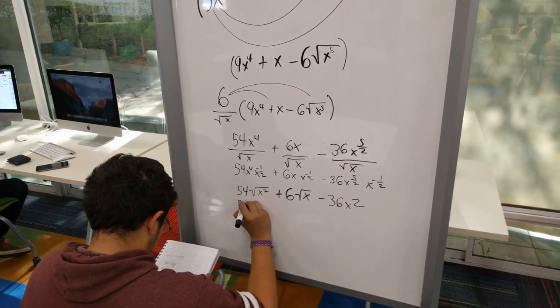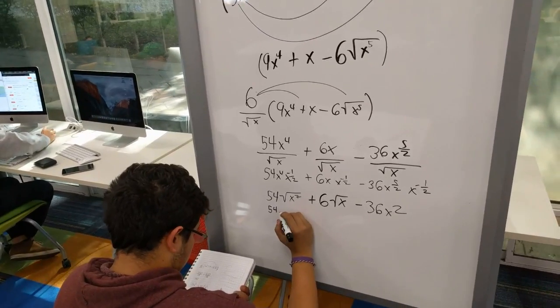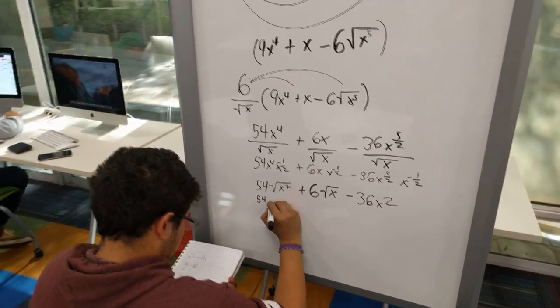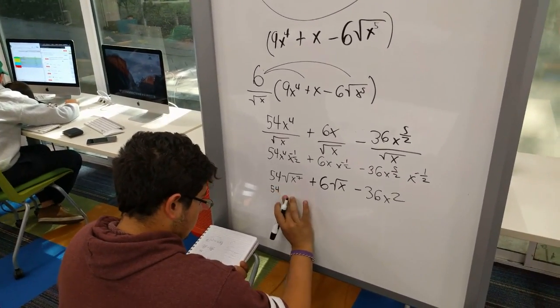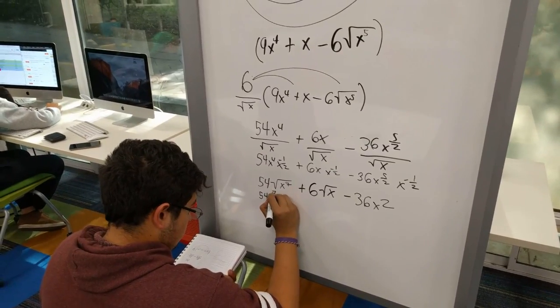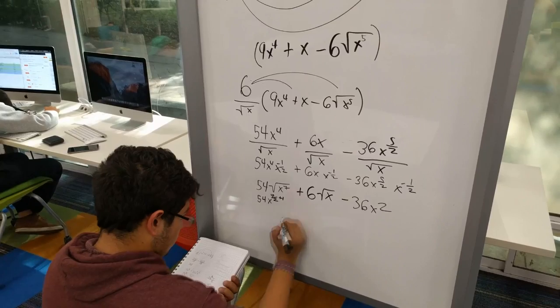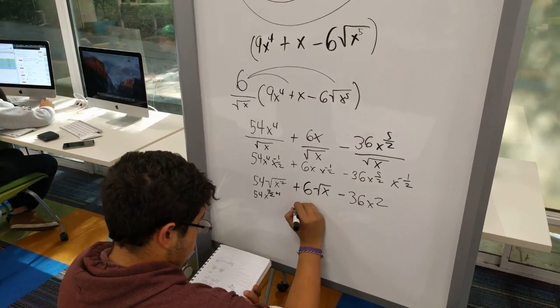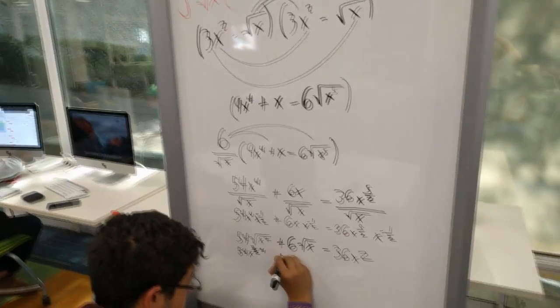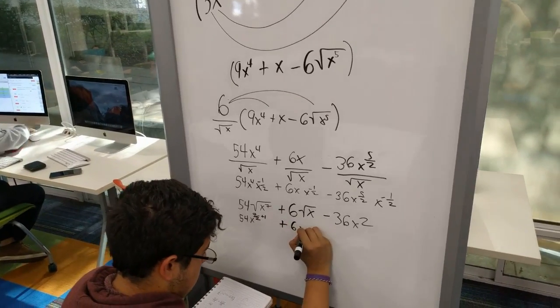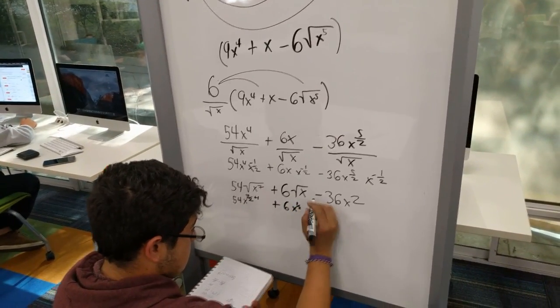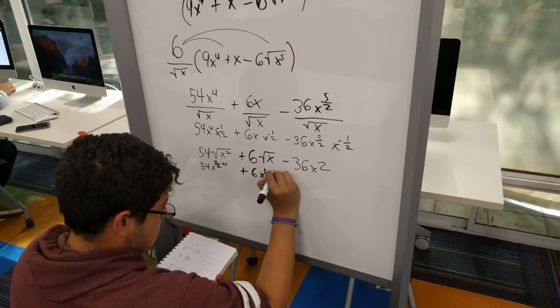Step 5. Integrate. You must add 1 to the exponent of every x, and in each term divide by that new exponent. The answer will be 54x to the 7/2 plus 1, plus 6x to the 1/2 plus 1, minus 36x squared plus 1.